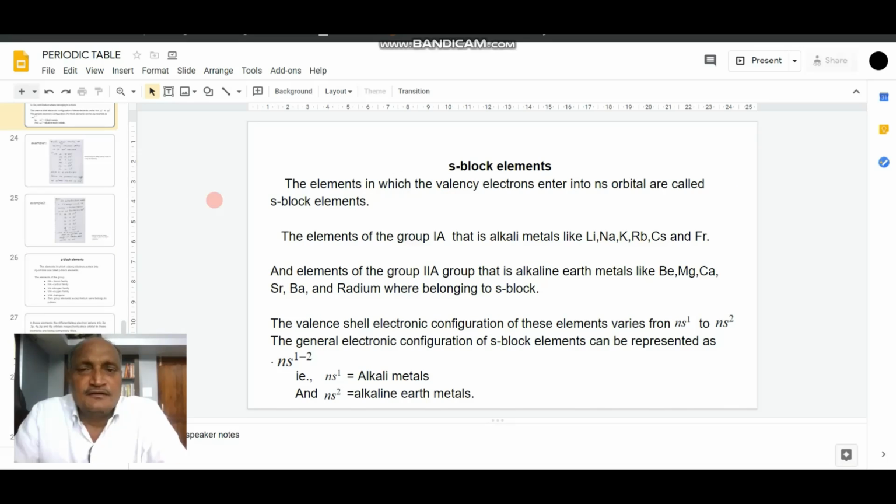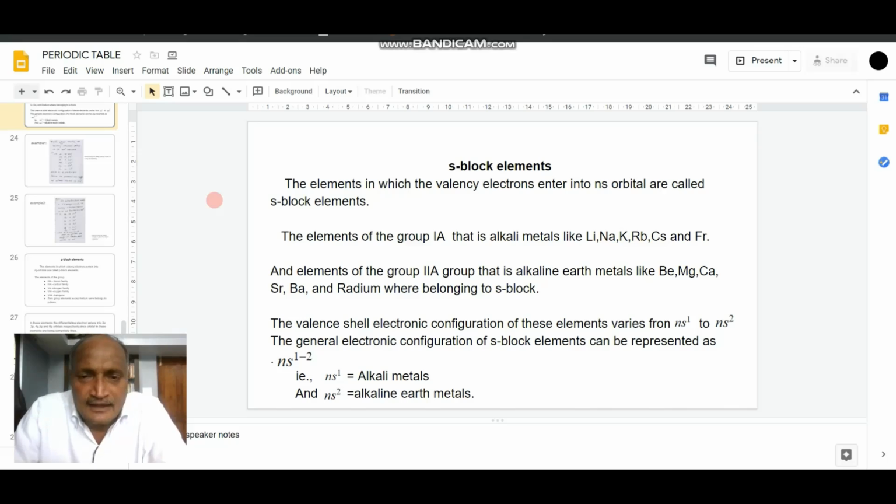Elements in which the valency electrons enter into the ns orbital are called S block elements. Particularly in S block, there are two groups, namely first A group and second A group elements.